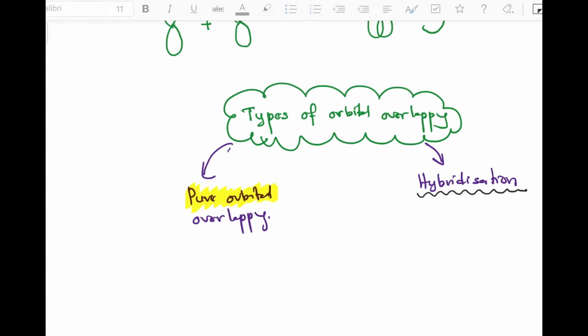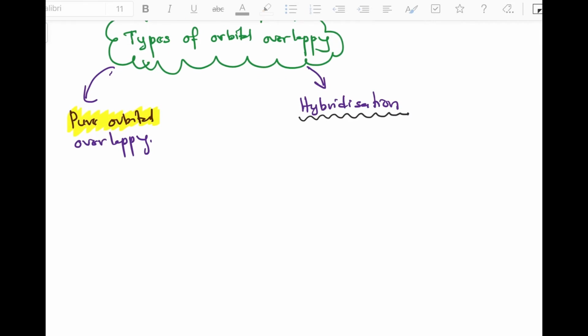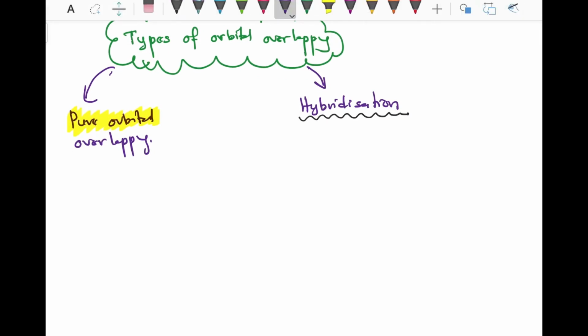This is an example. Let's say we have 3s orbital and 3p orbitals. If we can see, there is a gap between them. It shows that the energy level between the 3s orbital and the 3p orbital is not at the same level.